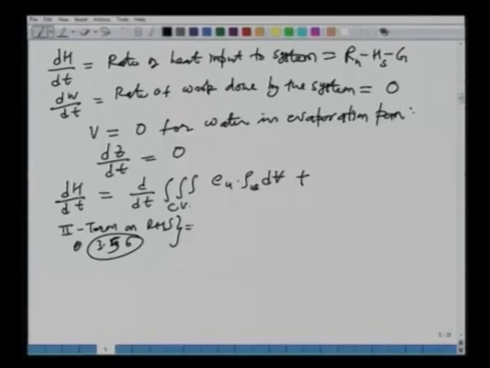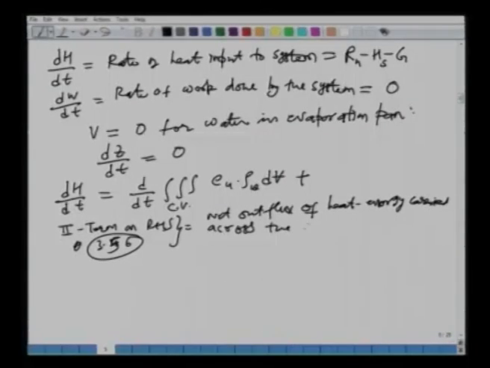Physically it is the net outflux of heat energy carried across or flowing across the control surface with the flowing water.